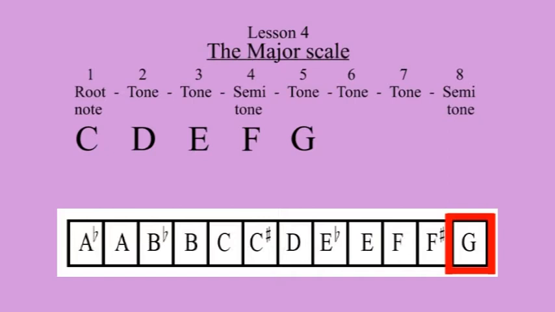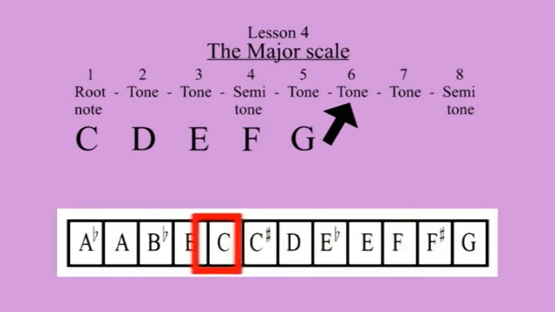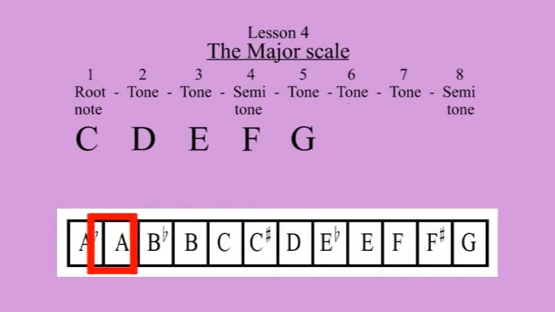The note that follows G is A flat. So using our alphabet, a tone up from the note G is the note A. Underneath tone number 6 we can write A.